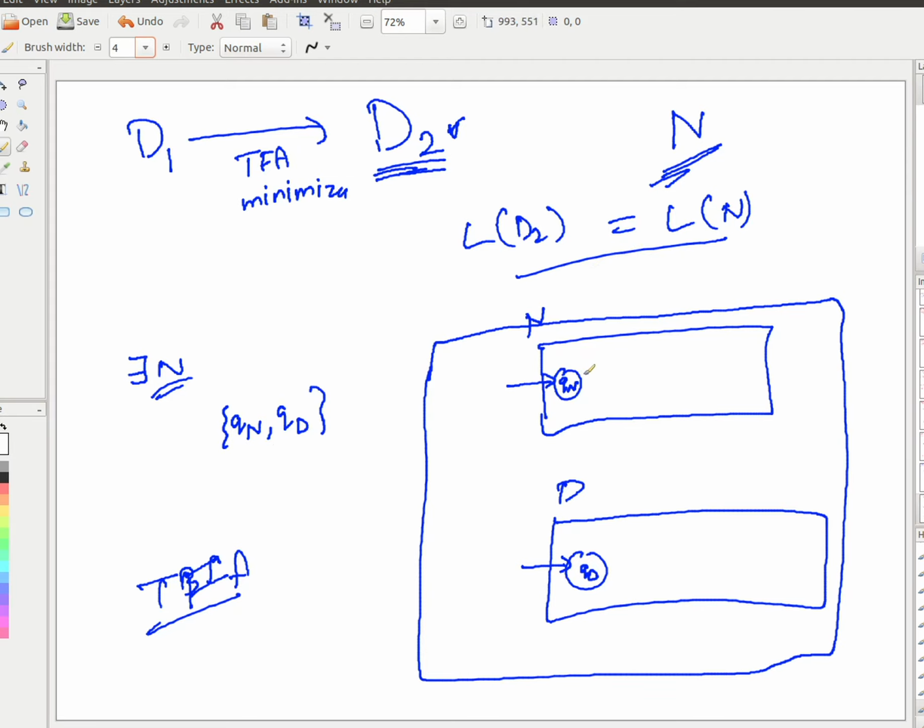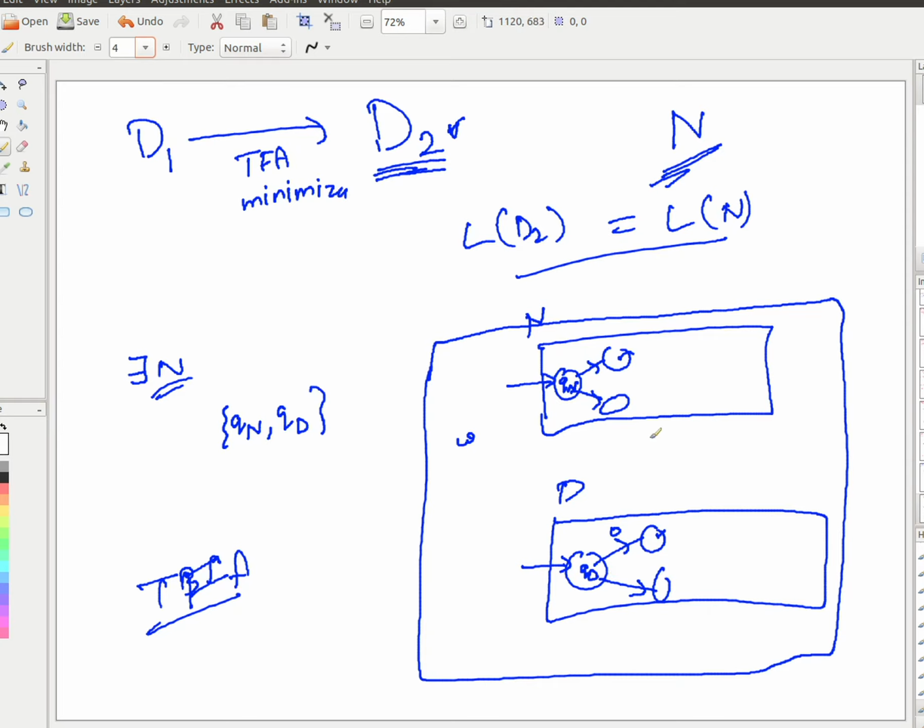Now when you pick any 0, where you are going to some state at 0, they are also equivalent. Is it clear? From both, if you go at 0, this is equivalent to this one. Similarly at 1, wherever you are going, this is equivalent to this one. So for any string W, wherever you are going, you have an equivalent state here. Correct?